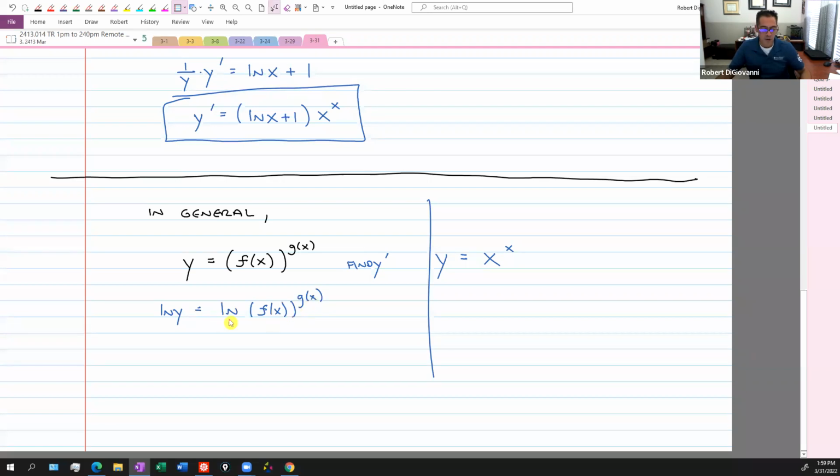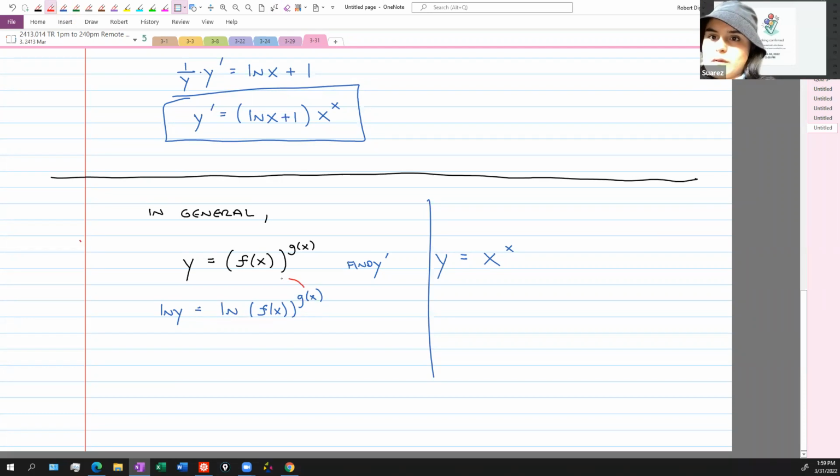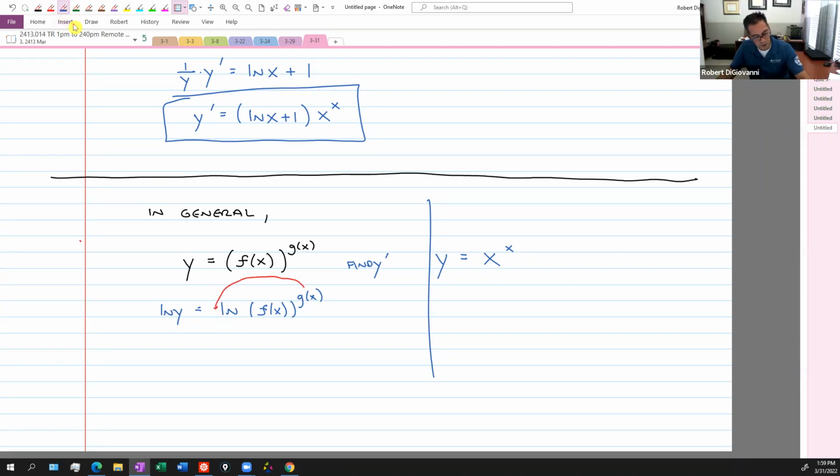And that allows me to do what on the right-hand side? What can I do now over here? Because I have a log. Bring the g of x to the front. So that means this will be natural log of y equals g of x times natural log of f of x.